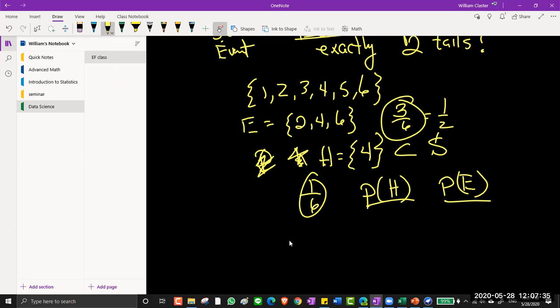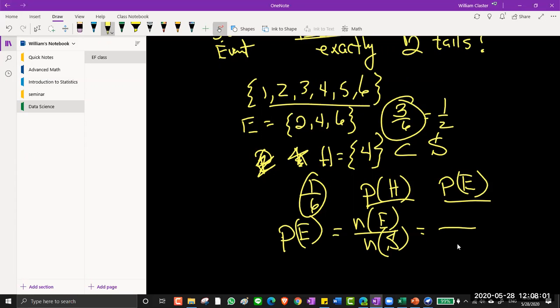So you must be doing some calculation in your head so quickly that maybe you don't even think of it as a calculation, but you're probably doing a calculation. And what is the calculation you're doing? For example, for the probability of E, even number, you're saying, okay, there are 6 outcomes, and E has 3, so it's 3/6.